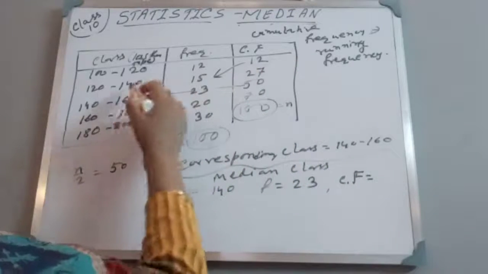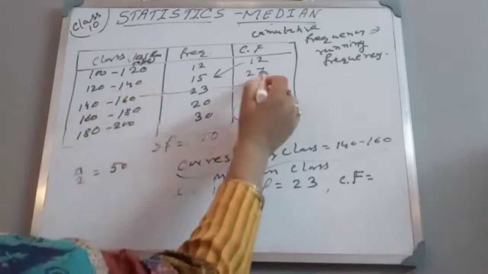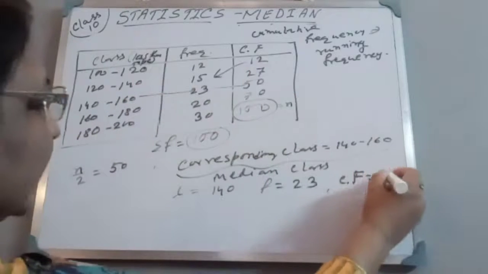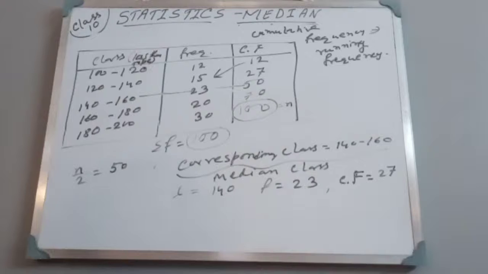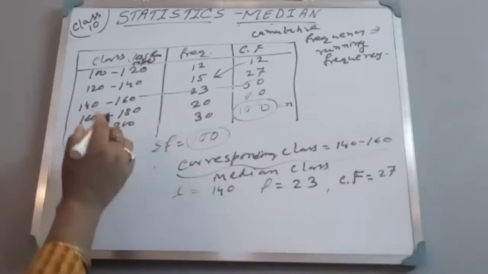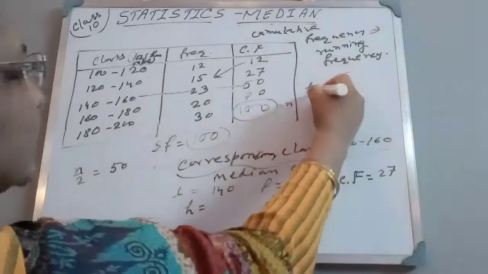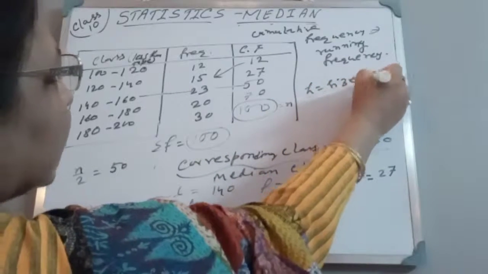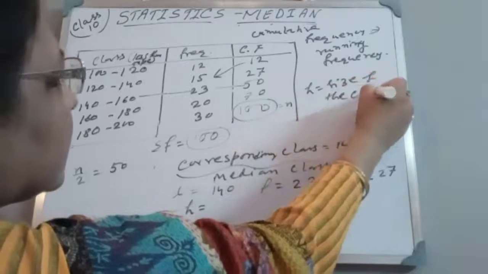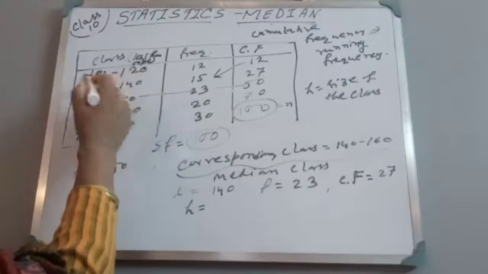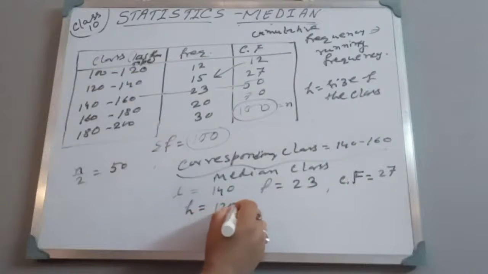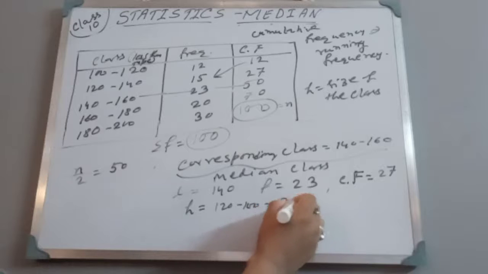The preceding class is 120 to 140 and that cumulative frequency is 27. So CF is 27. And class size, that is H. H is the size of the class. What is H? 120 minus 100, that is equal to 20.